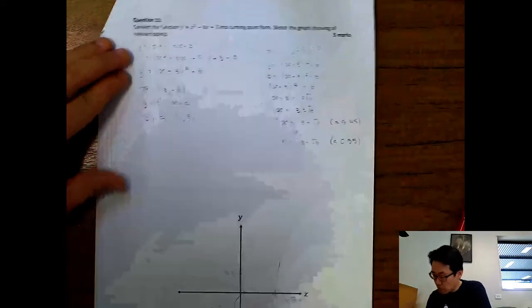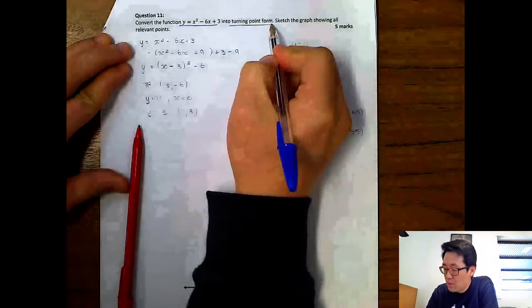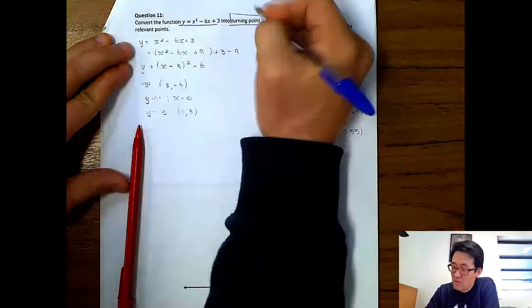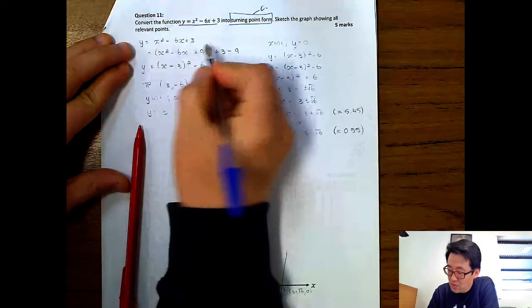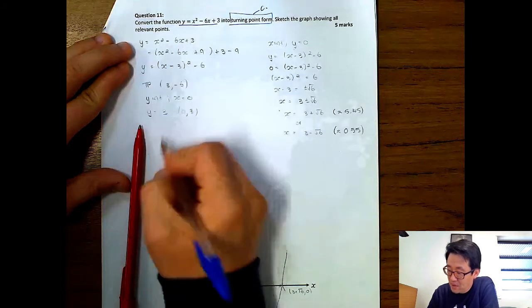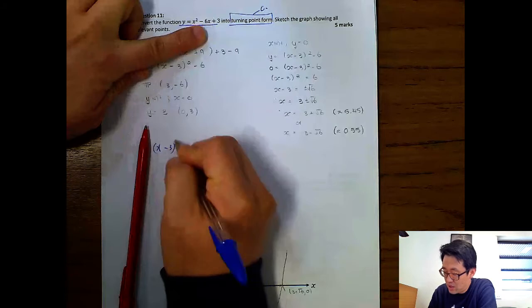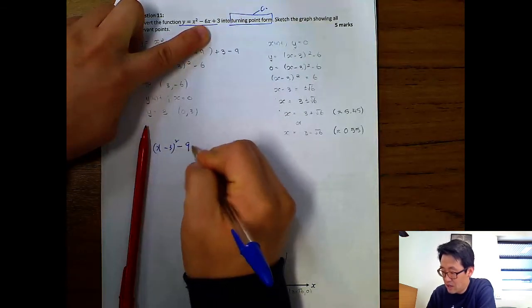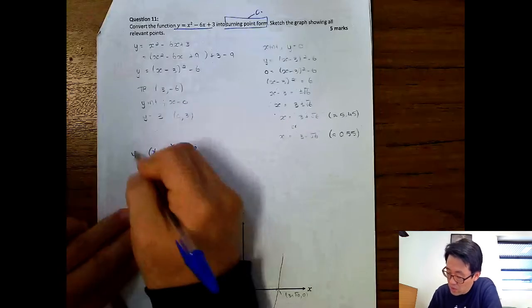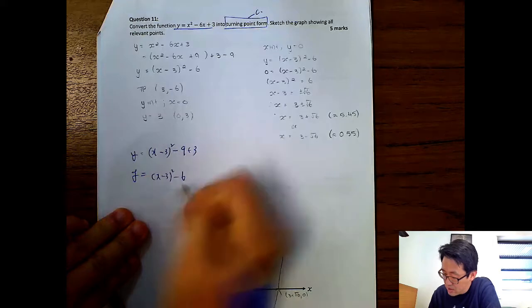Convert the function into turning point form. Okay, completing the square. Therefore, this one goes to half of that: x, half of this, minus 3 squared, and then minus 9 plus 3. Therefore, y equals x minus 3 squared minus 6.